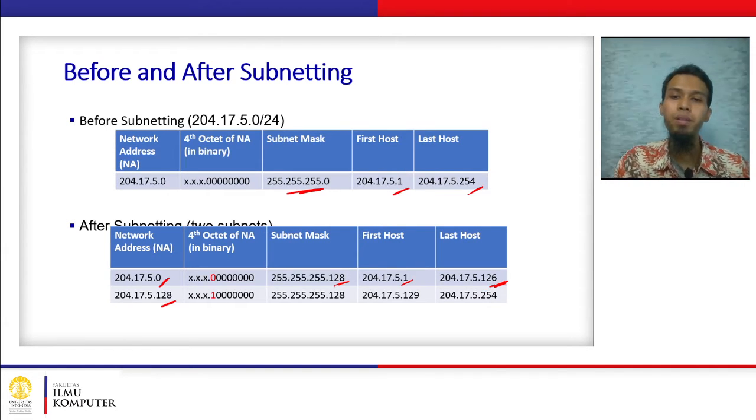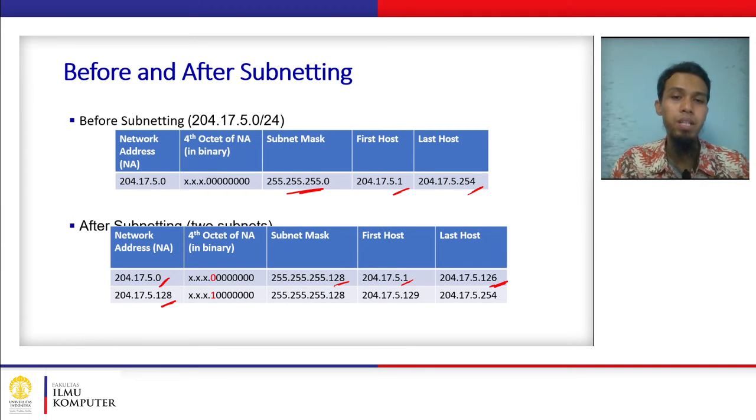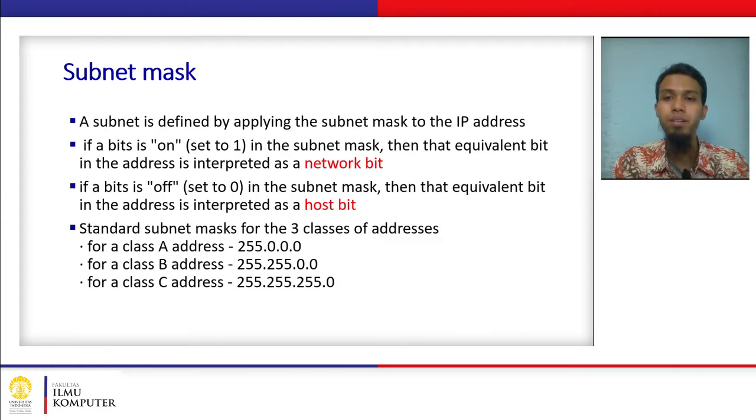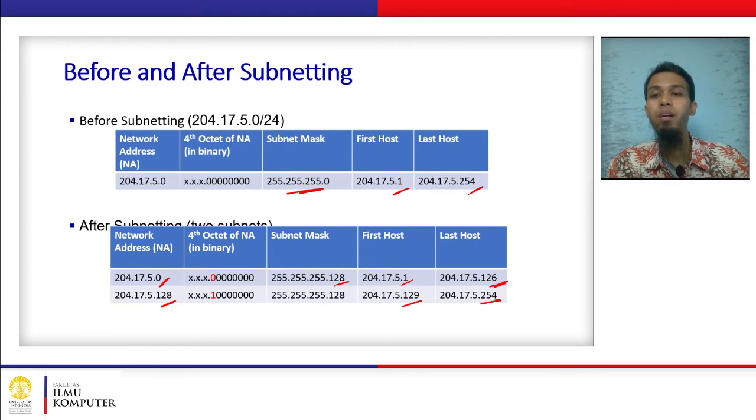So the first IP address that can be allocated to a host is .129, and the last is .254. This is how we do static subnetting: we are asked to divide a network into two fixed subnets, and each subnet has the same number of hosts. That's why it is called static subnetting.